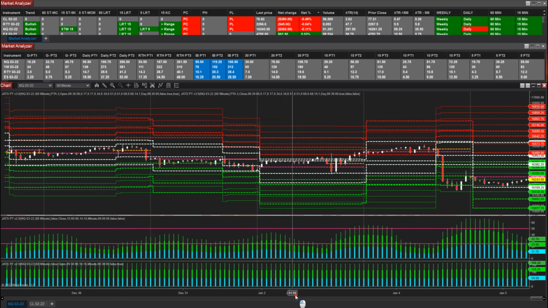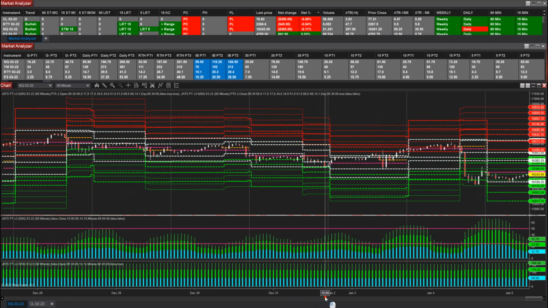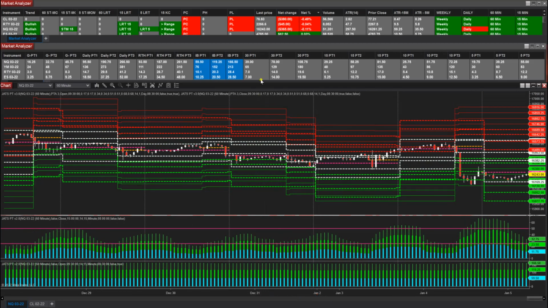What is it really doing compared to its historical averages? And I think that's a pretty good method of giving us a solid understanding of what the current state of the market actually is. No guessing. I mean, it's right here.